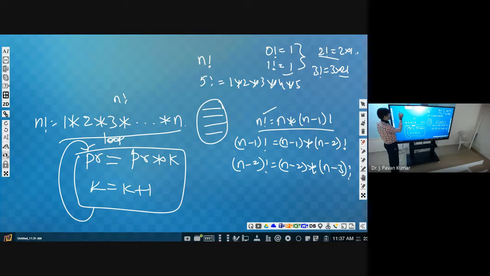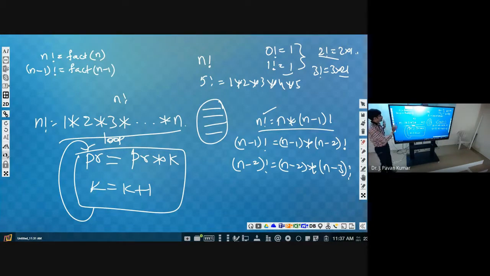Now let us consider n factorial. I am writing n factorial as fact of n. How will we write n minus 1 factorial? Fact of n minus 1. Now what is the formula for n factorial?